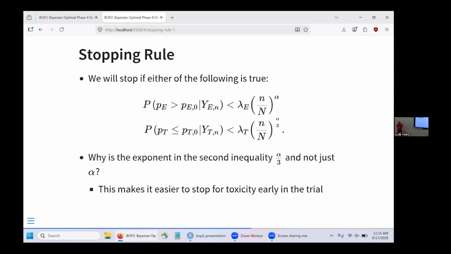Because we could have used the efficacy framework with a single endpoint and the toxicity framework, and it would still work out. So we would have different rules for toxicity and for efficacy. And in fact, we don't even need to use the same number of patients for the interim looks if we do it independently.